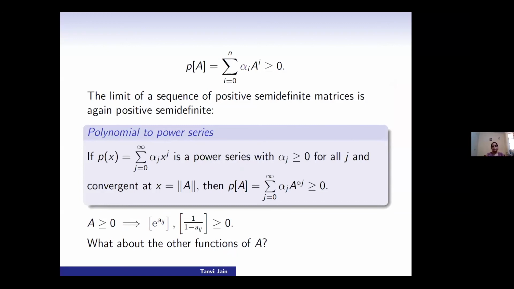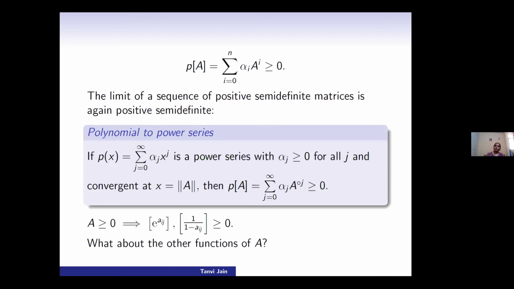Now one can also see easily that the limit of a sequence of positive semi-definite matrices is again positive semi-definite. And therefore, you would have seen power series. What is a power series? It is the limit of the polynomial summation alpha_i x to the power i from 0 to n, taking convergence into account.